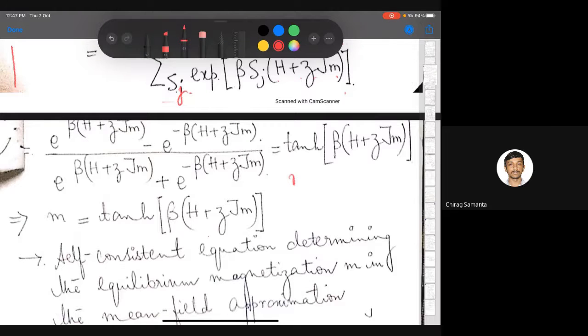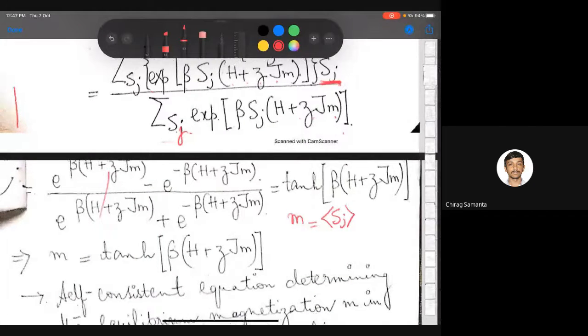M, you remember, was the average magnetization for the jth spin, which is the same as the average magnetization for the whole system, because this is the same as 1 over n summation over i equal to 1 to n of Si. So this is the average magnetization.